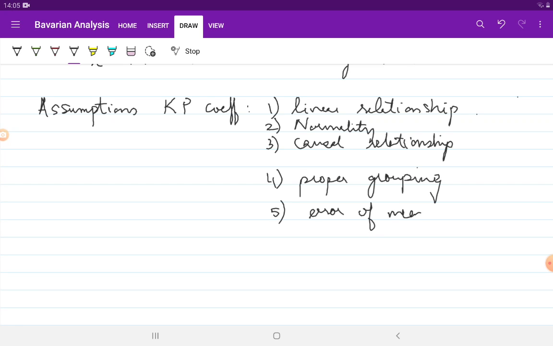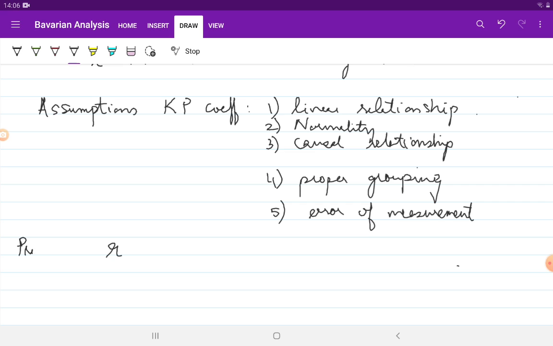And finally, the error of measurement. The error of measurement basically gives you a value which can be added to and subtracted from the r, or correlation coefficient, that you have calculated for the sample in hand. It gives you the limits within which the correlation coefficient will lie if you calculate it for different samples coming from the same population.